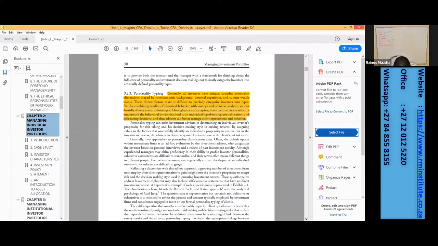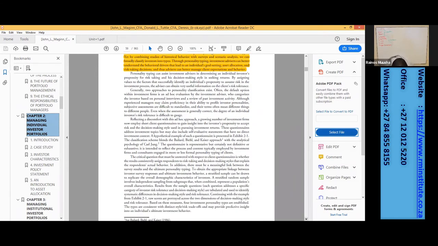Yet, by combining studies of historical behavior with surveys and scenario analysis, we can broadly classify investors into types. Through personality typing, investment advisors can better understand the drivers of behavior that lead to an individual's goal setting, asset allocation, and risk-taking decisions. Thus, the advisors can better manage client expectations and behavior as well.